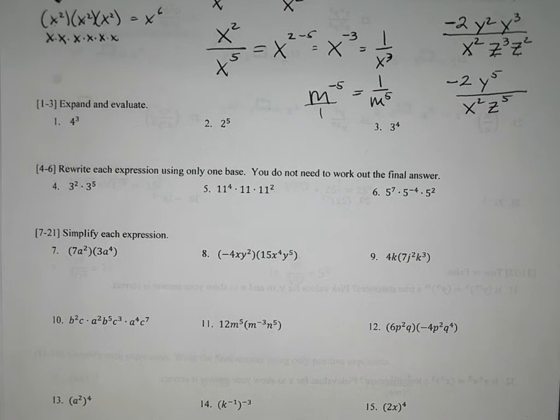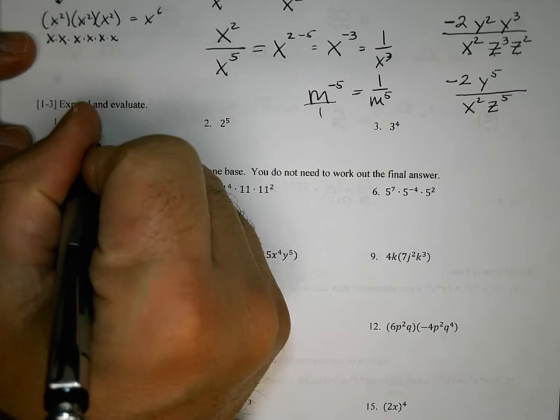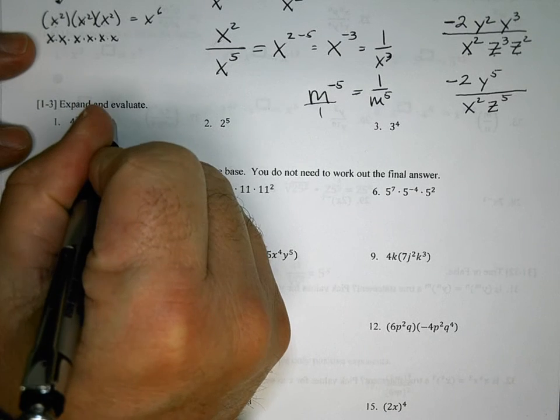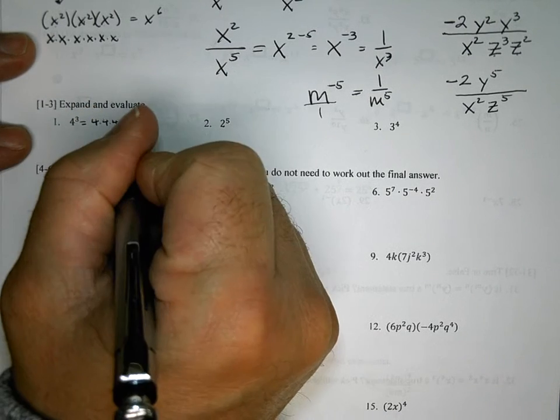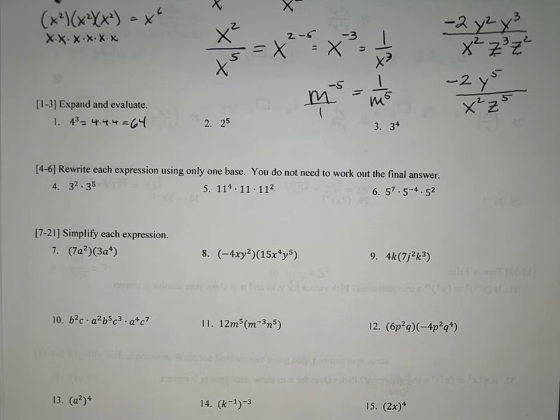All right, so the first one, 1 through 3, is just expand and evaluate. Well, 4 to the third is obviously 4 times 4 times 4, which is simply 64. Questions on number 1? All right, I think you can handle the next two. Let's go and do number 5.